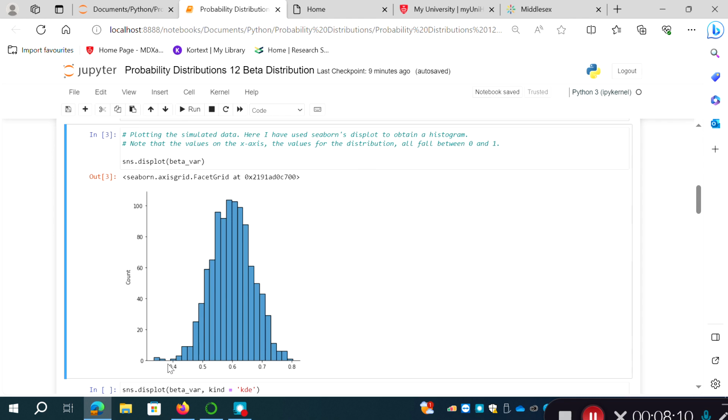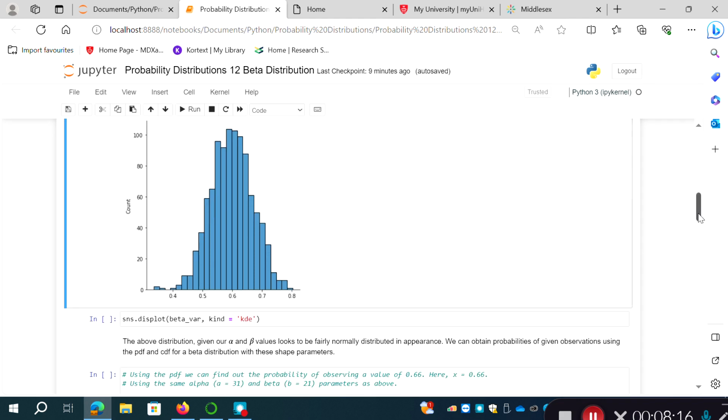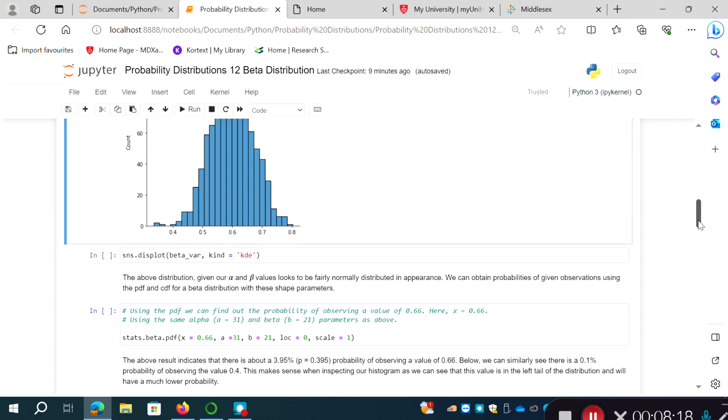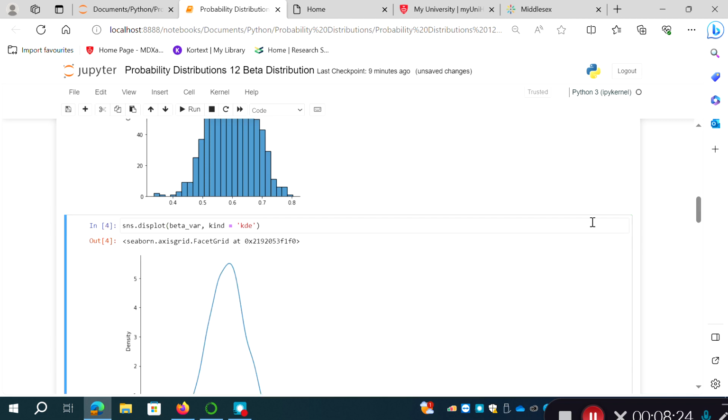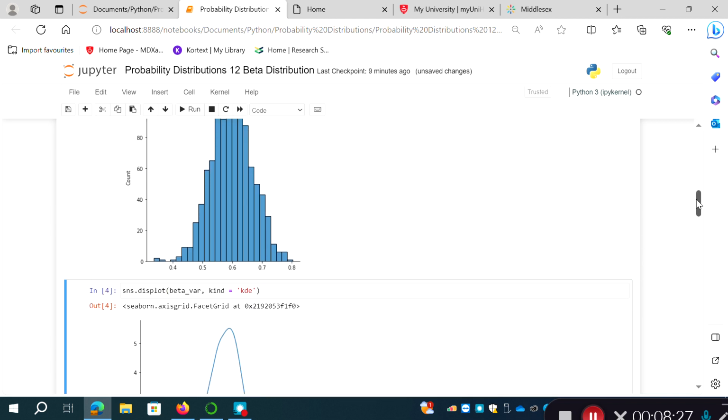Note that the values on the x-axis are all between 0 and 1, as is typical for the beta distribution. But I'll run the same thing again and ask for a KDE plot so we can see the continuous version of what that looks like.